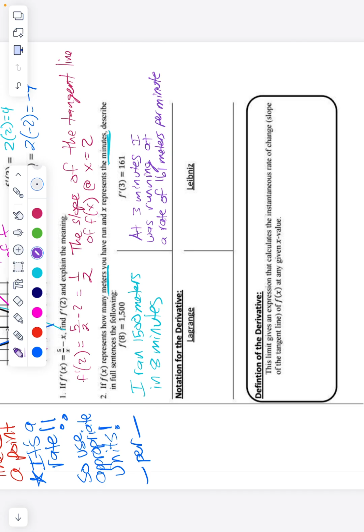That's not even 3 meters per second. It's like taking a minute to run a third of a lap of a track. So this would be like half a lap in a minute. That's pretty slow. Less than half a lap. Yeah. Never mind. That's pretty slow.